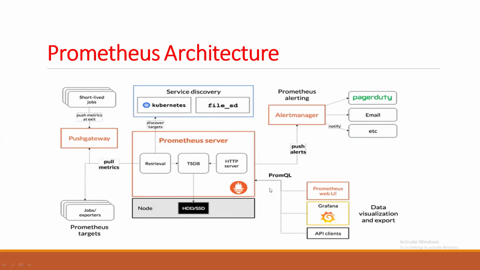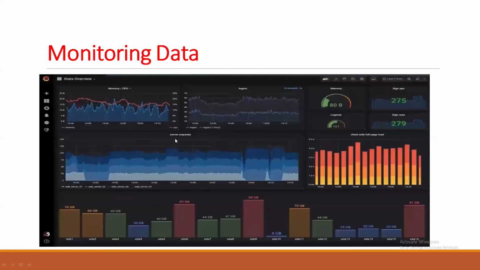PromQL. With the Prometheus Web UI, you can visualize the application. This is the GUI. SDA, SDB, these are the volumes, showing how many volumes there are, and the memory.